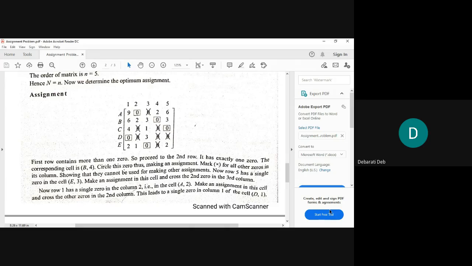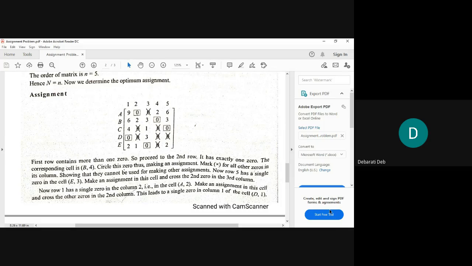Now, our next step is what? Simultaneously, otherwise you will miss the step: once you circle that 0, quickly look at the column in which it falls. It is falling in the fourth column.